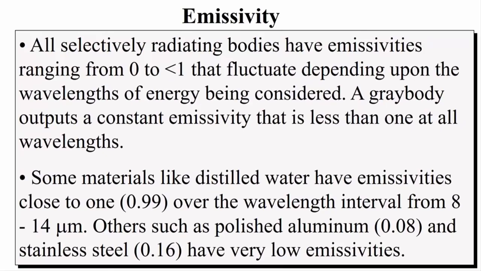Some materials like distilled water have emissivities close to 1, sometimes 0.99, over the wavelength interval from 8 to 14 micrometers. Others such as polished aluminum and stainless steel have very low emissivities. Polished aluminum has an emissivity of 0.08 and stainless steel approximately 0.16. All metallic objects have very low emissivity.